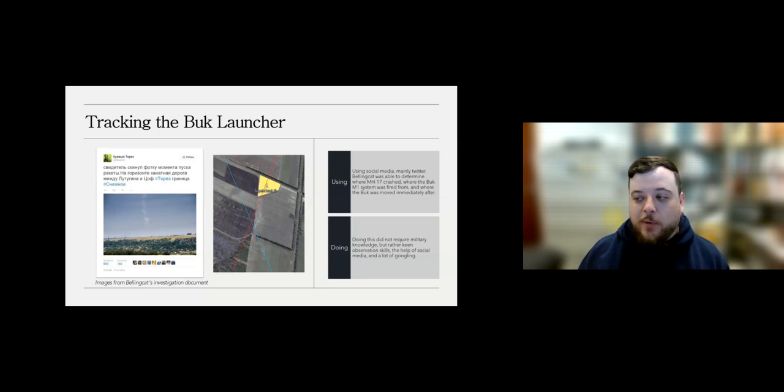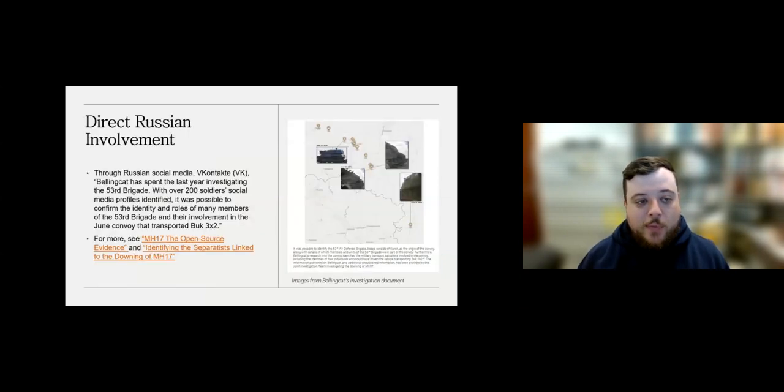To be clear, this didn't require any prior military knowledge. They didn't need to know the intricacies of how a missile launcher works or anything like that. While some of the people on the team might have had that knowledge, they didn't need it. They just needed to figure out locations, and that is basically what this whole thing is about, right?